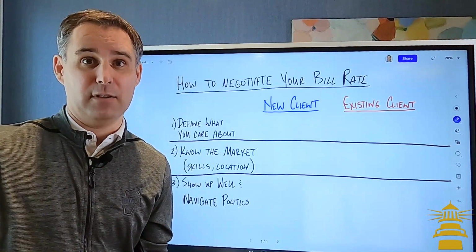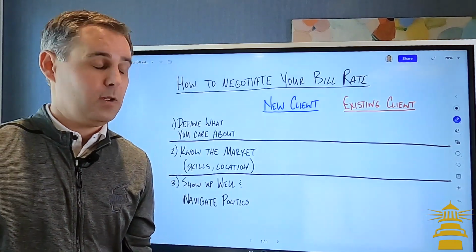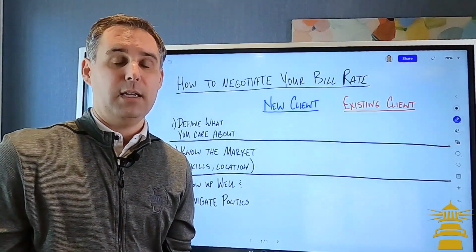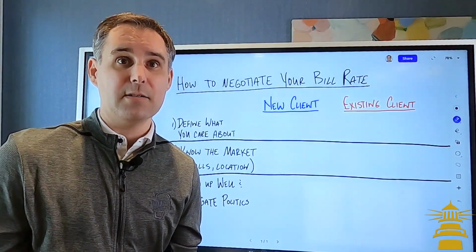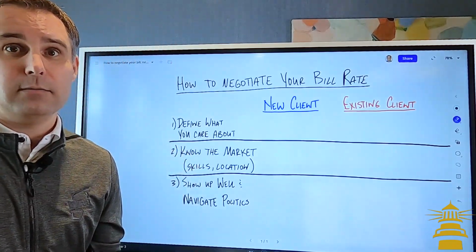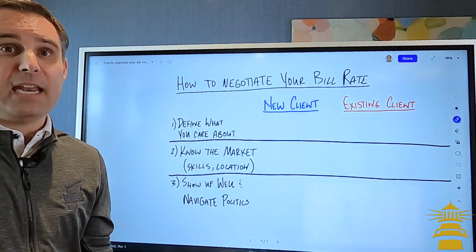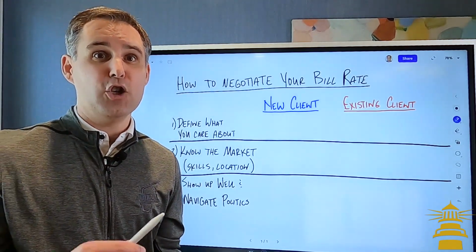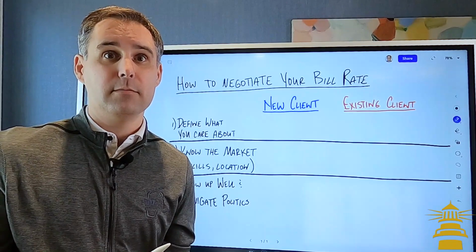Those get paid differently. Being in New York City is different than being in Houston, Texas. Know the market. And if you are wildly disjointed from the market, you will embarrass yourself.